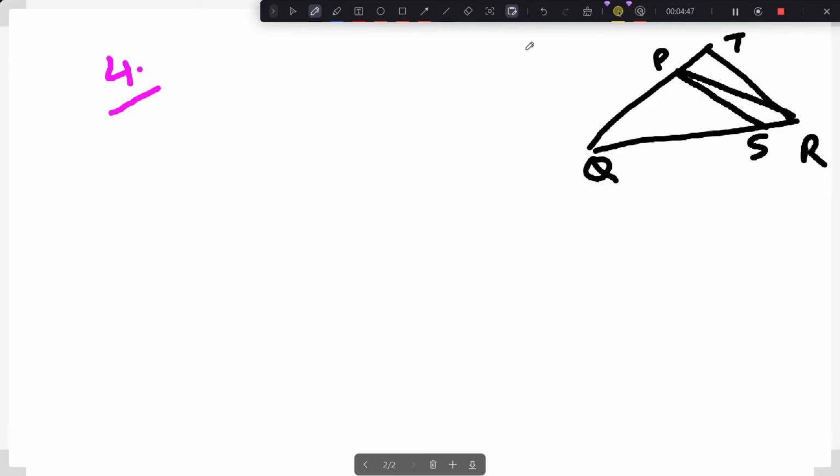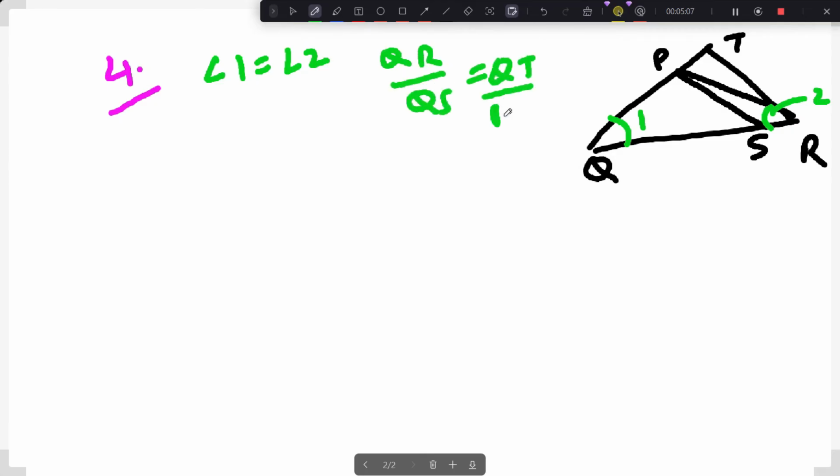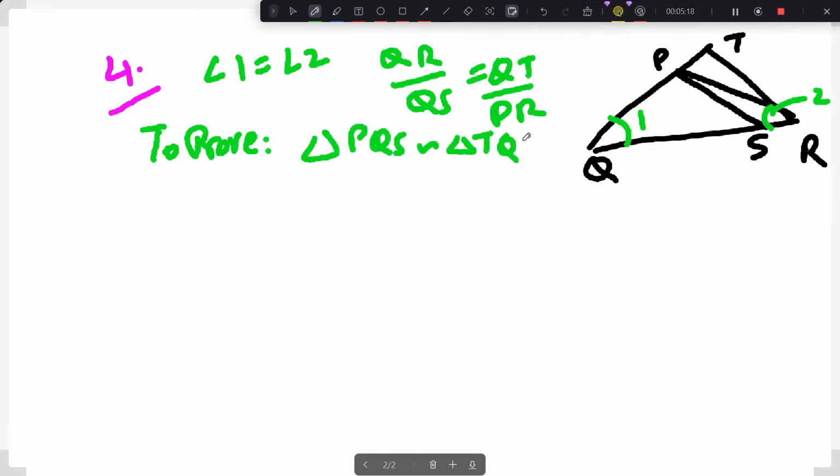And what have they said is that this angle 1 and this angle 2, angle 1 equal to angle 2, and they have also said QR by QS is equal to QT by PR, right? So we have to prove triangle PQS is similar to triangle TQR.